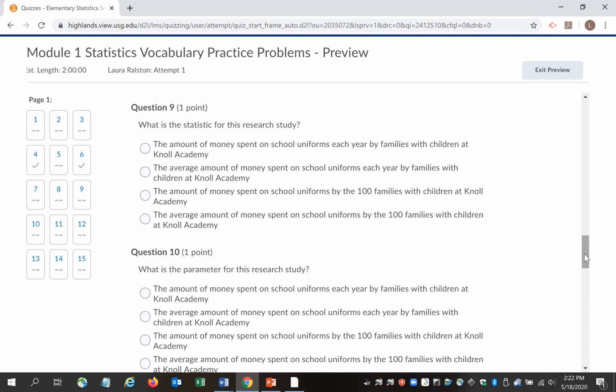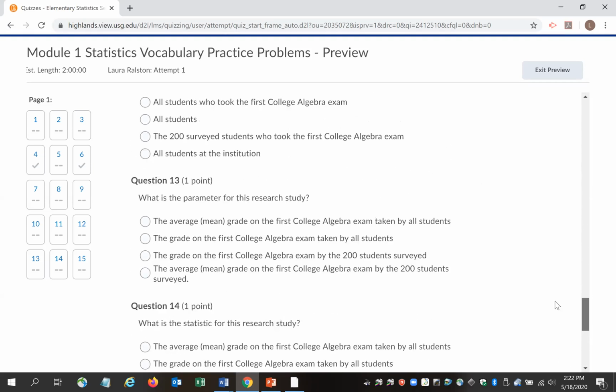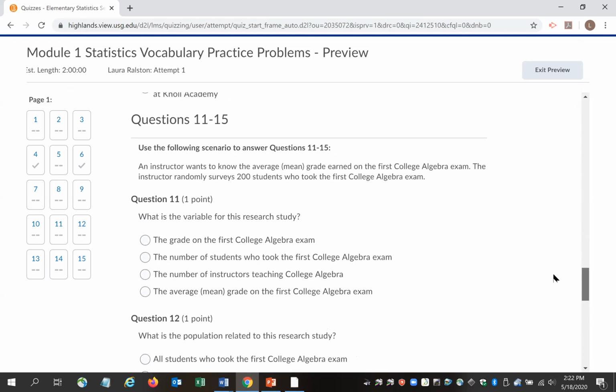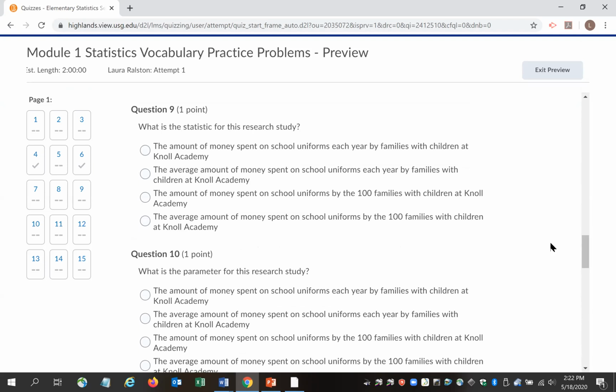So you've got to have the word average, and it doesn't always have to be an average. It could be a percentage. And I was trying to see if the next example had the percentage. No, it's an average too. But your statistic could be a percentage.